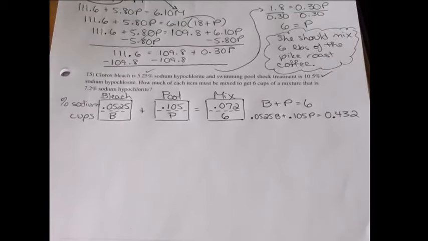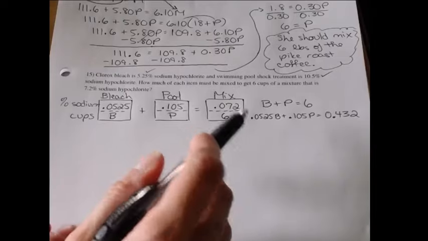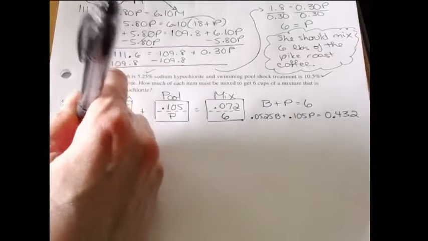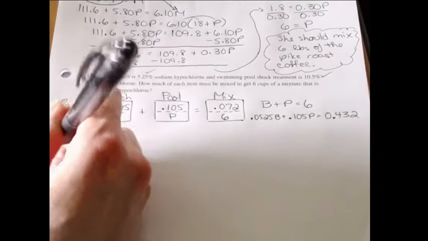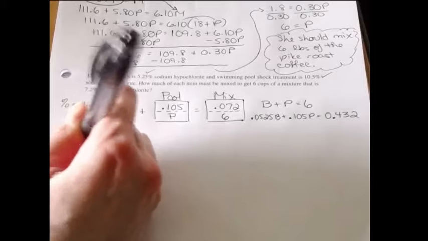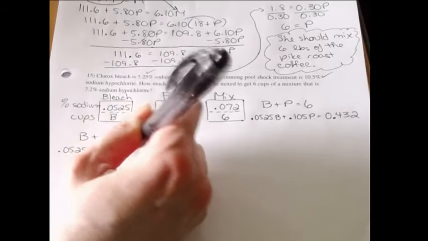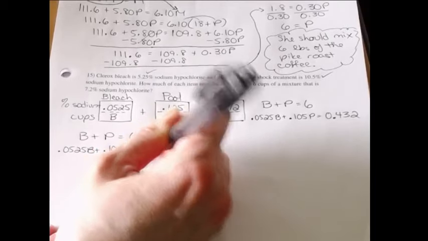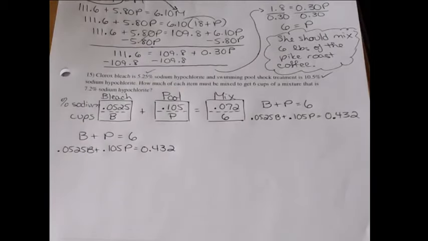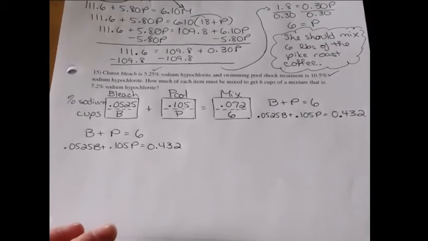Okay. And Anthony, this is a fresh topic, so we're just doing this for the first time together. So what we're going to do is rewrite these equations. 0.0525B plus 0.105P is equal to 0.432, and I'm actually going to use elimination this time just because I prefer. I really do.